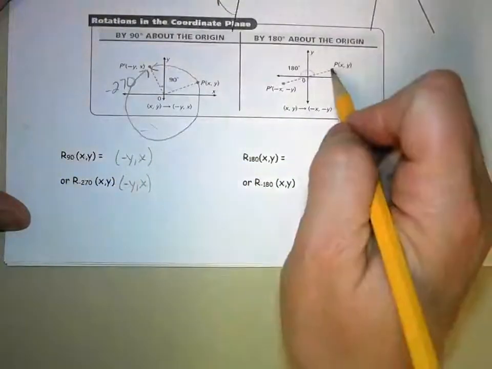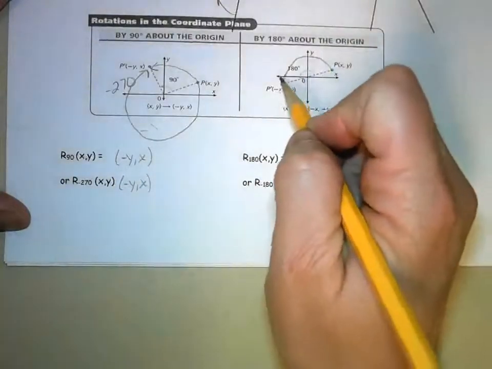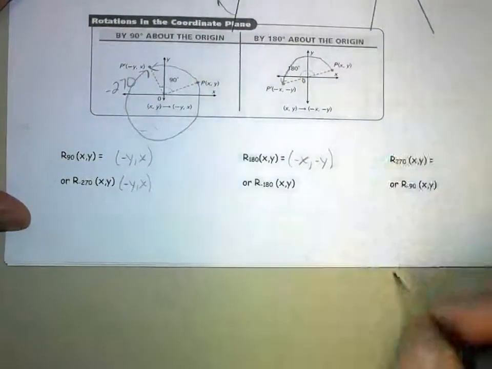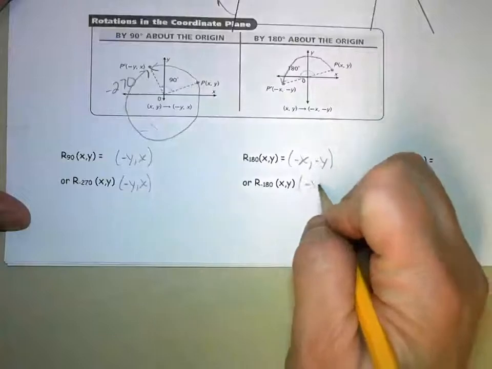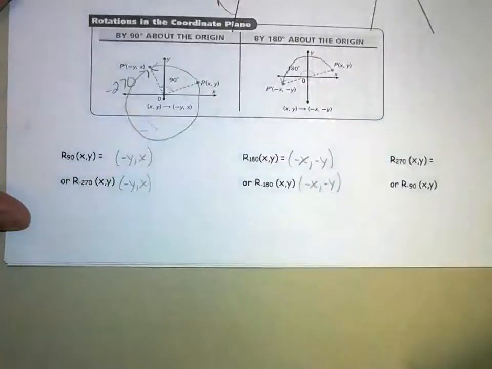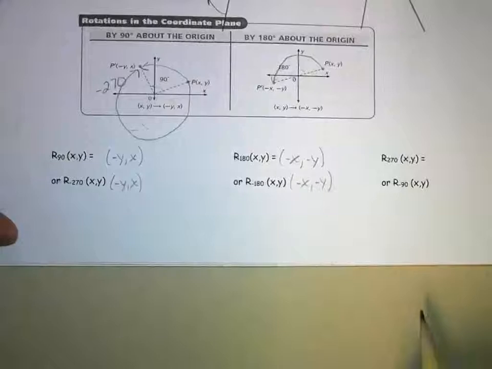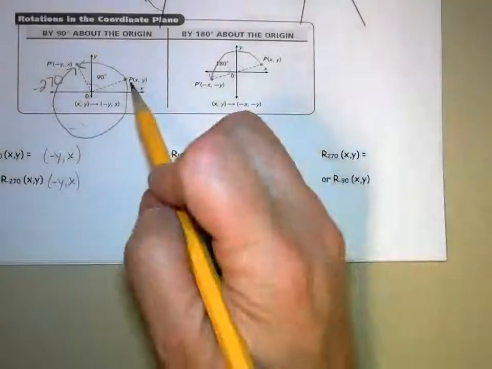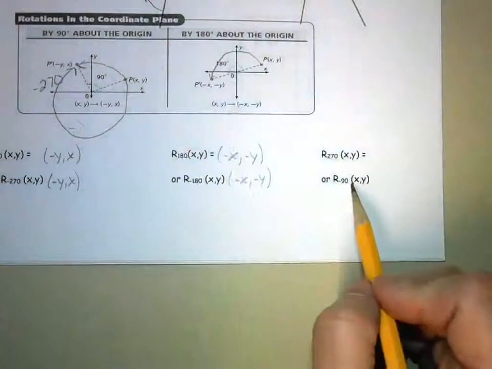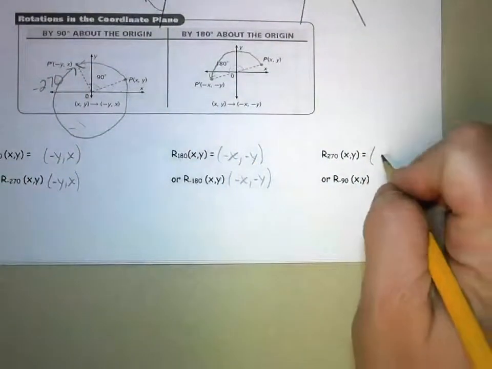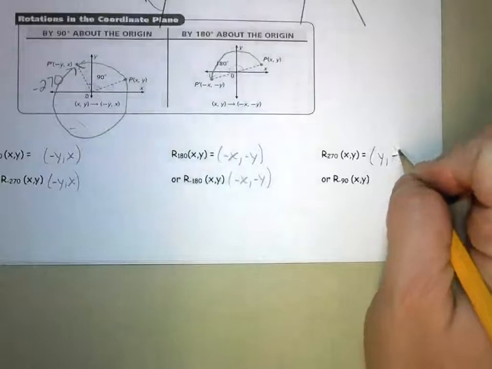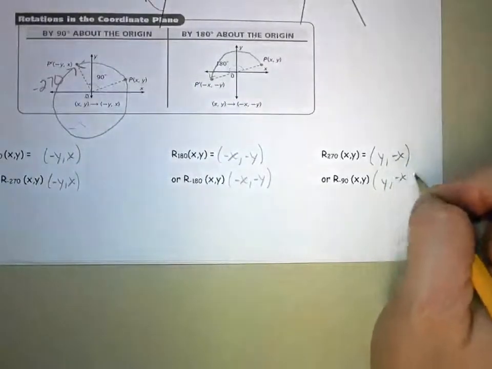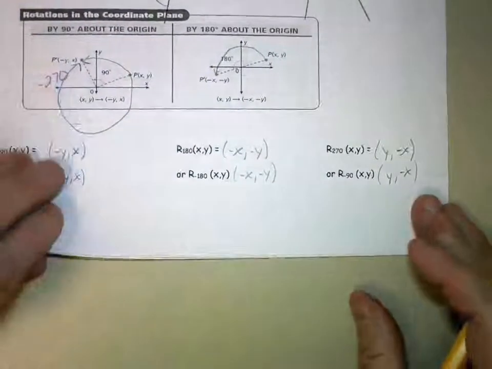If you take a point right here and rotate it 180 degrees, that becomes (-x, -y), and negative 180 degrees is the same thing. And then 270 degrees would be the same as a negative 90, and if you rotate 270 degrees, that would be the same as (y, -x), and that's the same as negative 90.